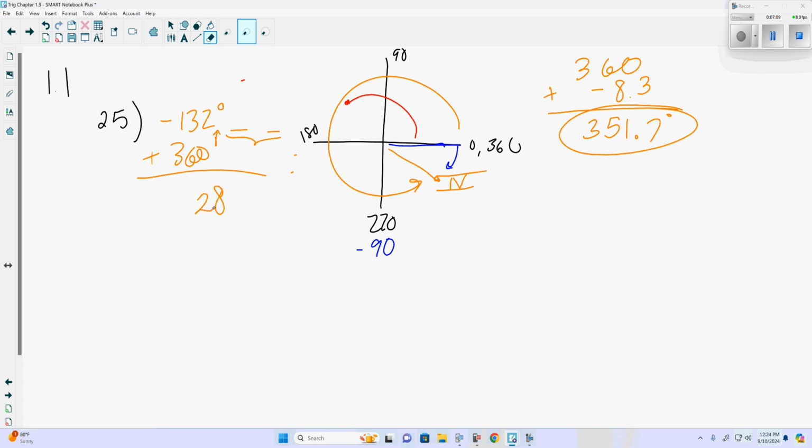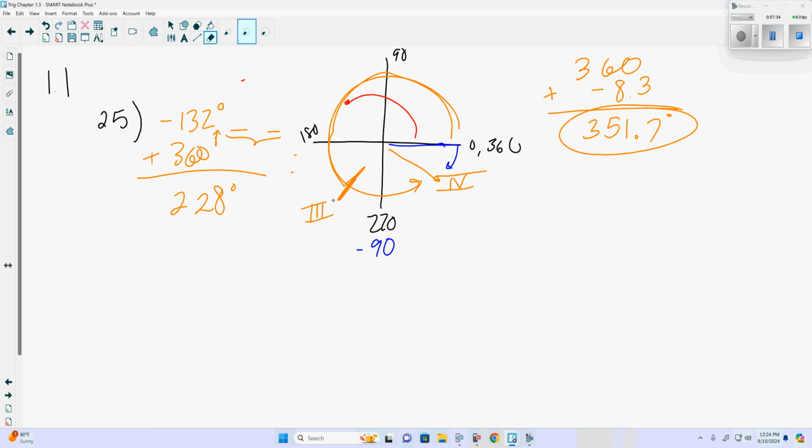That should be 228 degrees. Okay, 90, 180. So we're over here in quadrant 3. The minutes and seconds would deviate a little bit, but we're still going to be in quadrant 3 because it's just a decimal point.